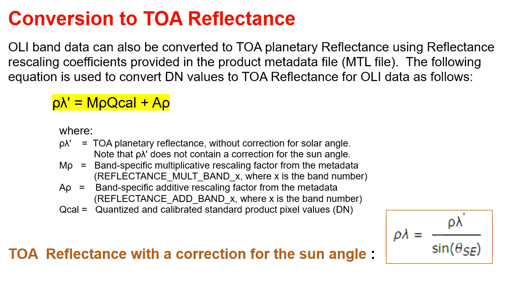And the formula which is highlighted with yellow color does not contain a correction for the sun angle. So finally, the formula we have to use is the multiplying factor times the DN values plus the additive value, and we have to divide it by the sine of the sun elevation angle.